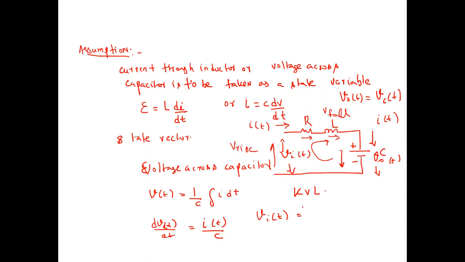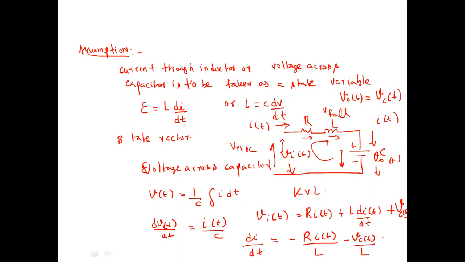Then Vi of t is equal to R I of t plus L di by dt plus Vc of t, which is nothing but V naught of t. If I want to express this in terms of di by dt on one side, I can safely write, and you can do this at home, di by dt is equal to minus R I of t divided by L, minus Vc of t divided by L, plus Vi of t divided by L. So we are getting this equation.